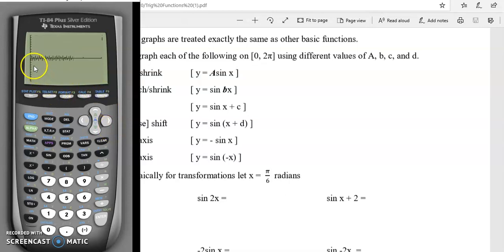So here, when I change it to 0 to 360 degrees, that looks like my last EKG. So what happened? Well, in our window, I'm graphing from 0 to 360 degrees, but this is where you have to be very careful and notice the mode. I'm in radian mode.